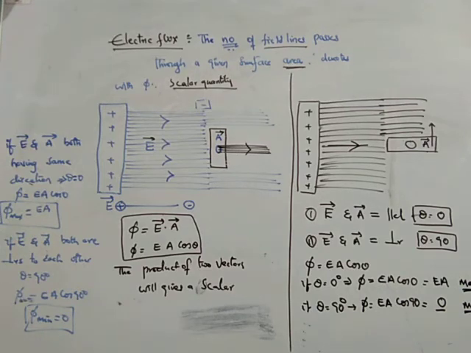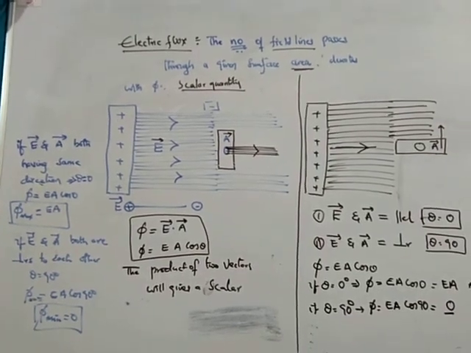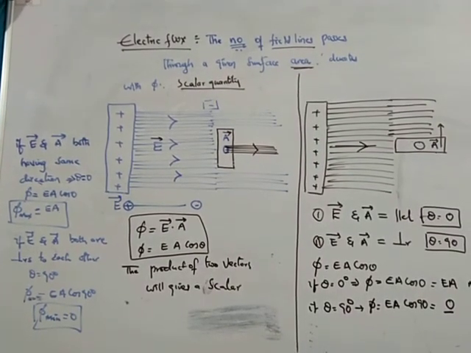In the second case, if E and A are perpendicular to each other, the angle made by them is 90 degrees. Then according to the formula, flux is equal to EA cos 90. Cos 90 is equal to 0. The flux will be a minimum.